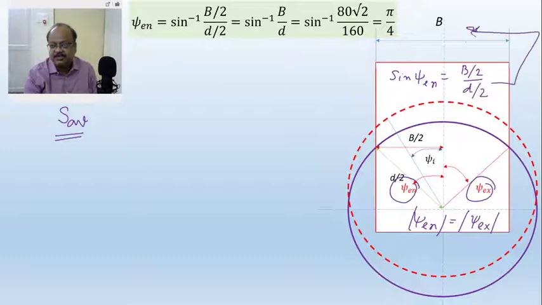If you plug it in here, you will get pi by 4. So your entry angle is -45 degree and exit angle is +45 degree. This is a numerical solution that we have done.